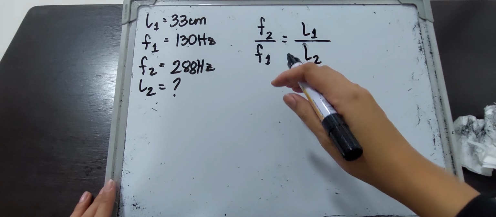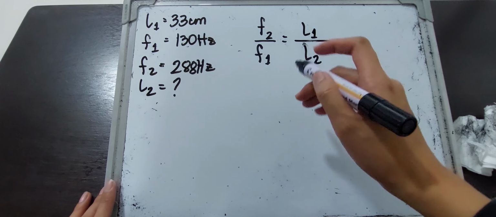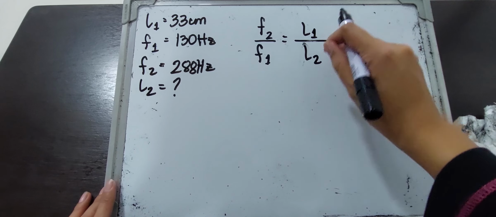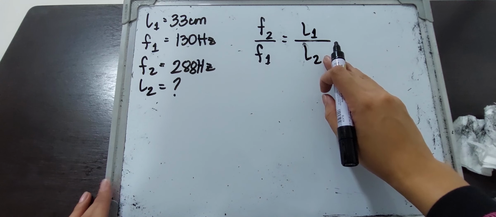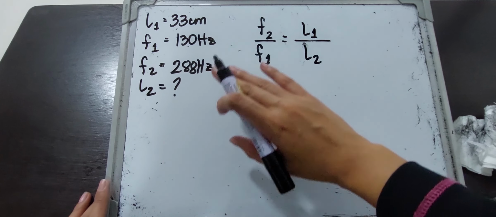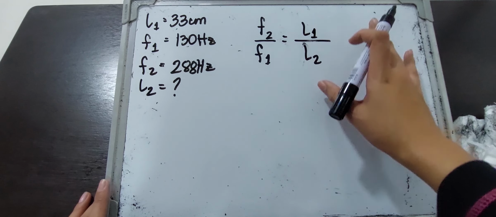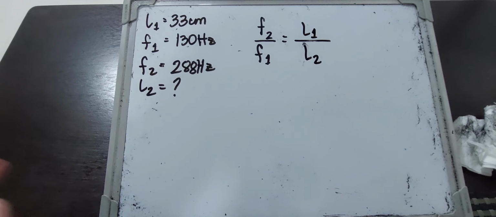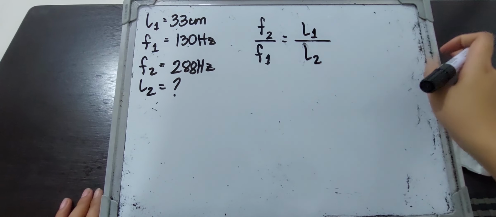So, let us substitute. Ito yung ating unknown. But if you are not confident nga to derive formula, you can substitute the given. Then sa solution na lang tayo kumuha ng final answer. Kahit hindi na mag-derive ng formula.